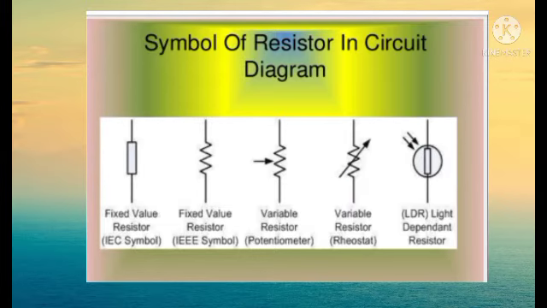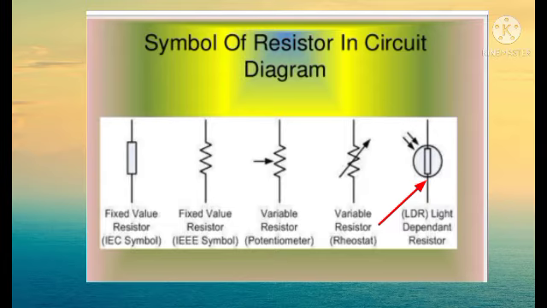The next resistor is the LDR, that is light dependent resistor. Its symbol is also different, and its working and functioning is also different from normal resistors. In the symbol, the arrows are incoming, which indicates that light is incident on the resistor.